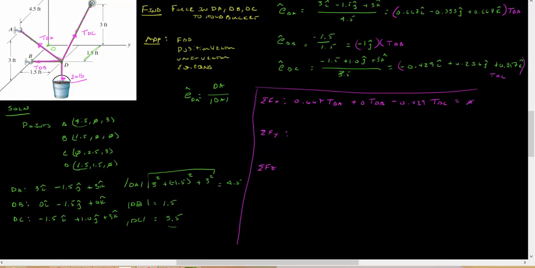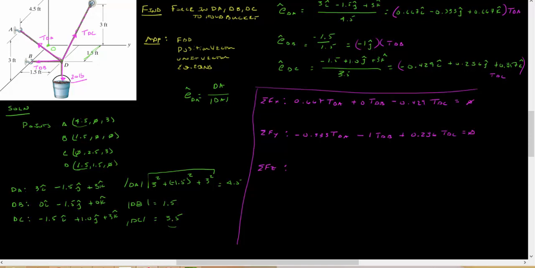Summing my forces in the y then, I've got negative 0.333 TDA, because remember, I'm multiplying that all the way through. Now I have minus 1 TDB plus 0.286 TDC, and there's no forces in the y, so we can say it's all equal to 0.